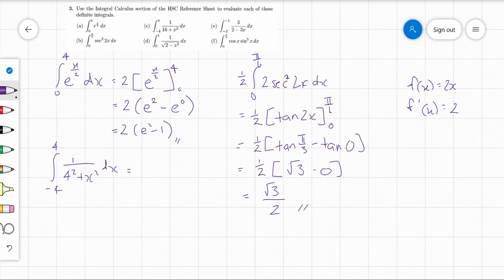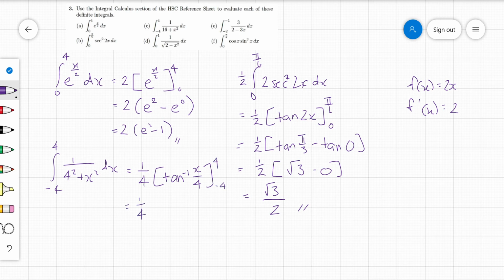So have a look at your reference sheet and you'll see you need the 1 on a out the front. So in this case, our a is 4. So you need 1 on a. And if there's a constant out the front, I rarely include it in the substitution part because you don't need to. You just put it out the front. And it's x on a, so it's x on 4. And we're going between minus 4 and 4.